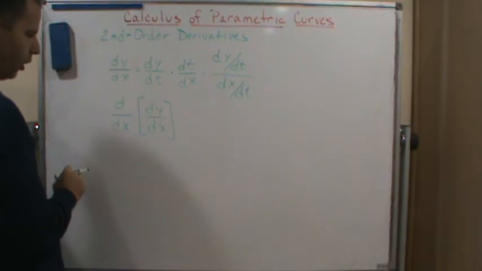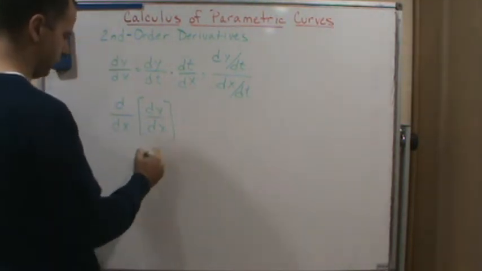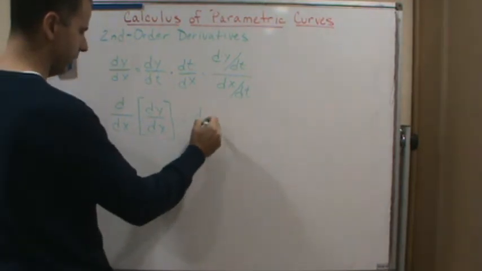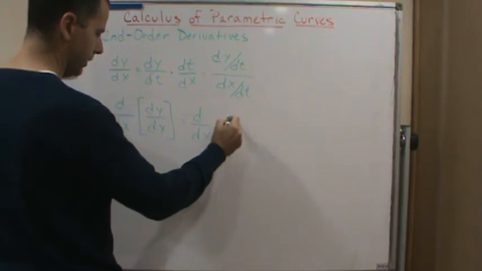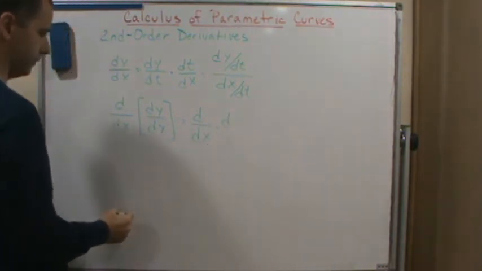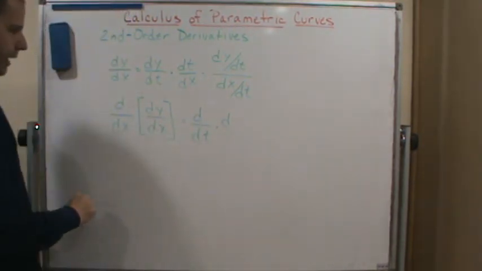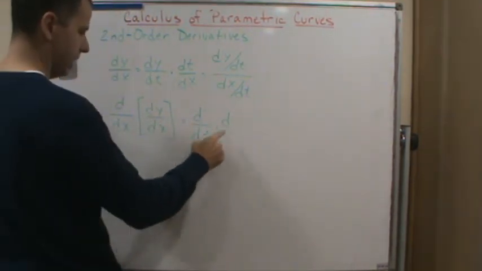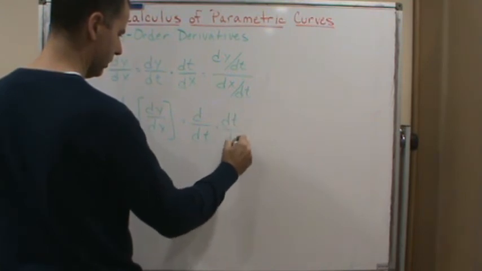So this is going to be equal to d dt of dy dx, times dt dx.